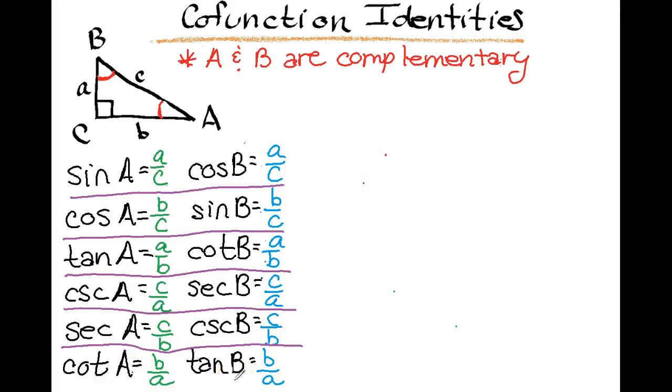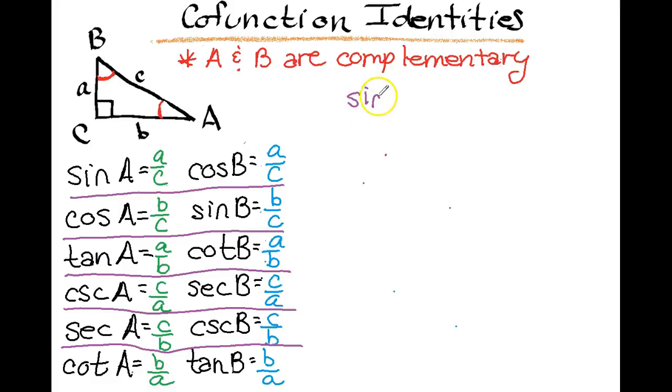And we're going to use those relationships to solve a couple of problems, keeping in mind that A and B are complementary. So if I know that sine of A equals cosine of B, I know that A plus B must equal 90 degrees.